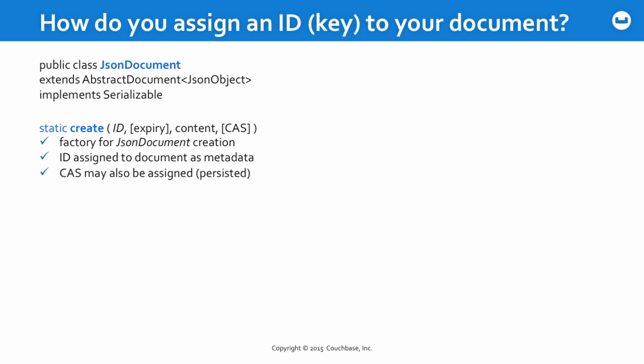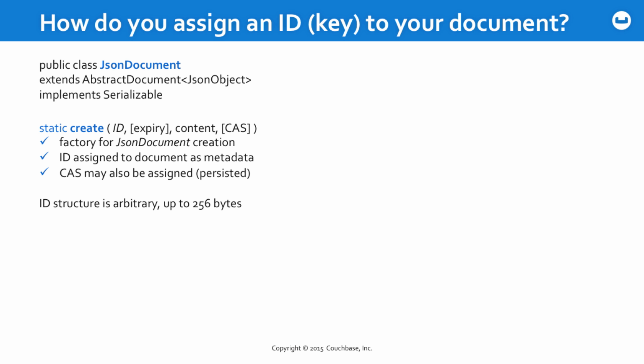The ID and the CAS value, and all of these values, are set as metadata of the JSON document. Now, based on your architecture, you may also choose to persist some of these values within the body of the document itself, and that is how it's done in the lab code, but it is the metadata that is the controlling values. Now, the ID itself is completely arbitrary.